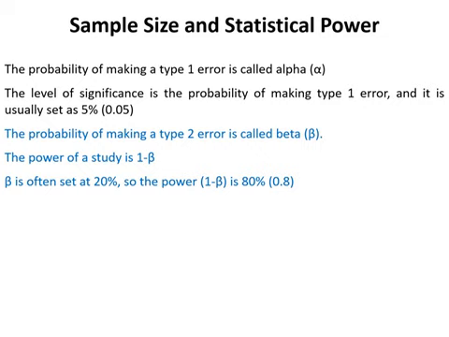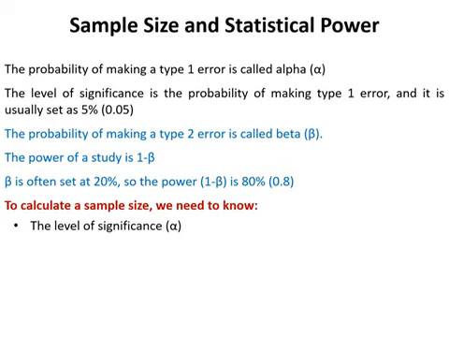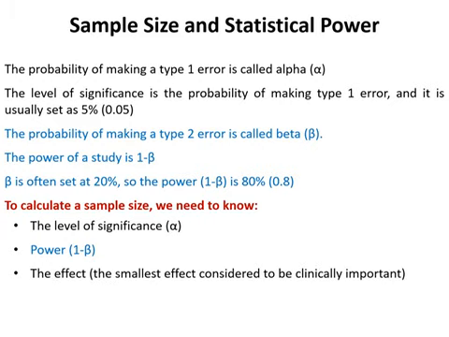If you want to calculate the sample size, you need to know the following. First of all, the level of significance, or alpha level, which is 5%. Second, the power of the study, which is usually 80%. Third, the effect, or the smallest difference between the two groups that you want to investigate, which is considered clinically significant.